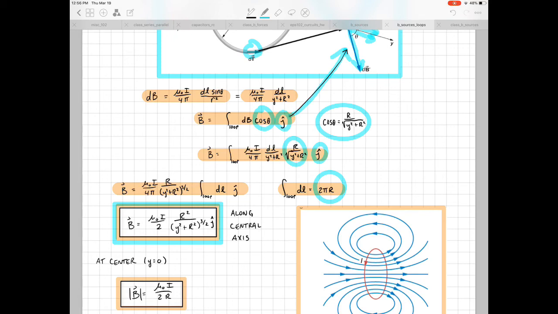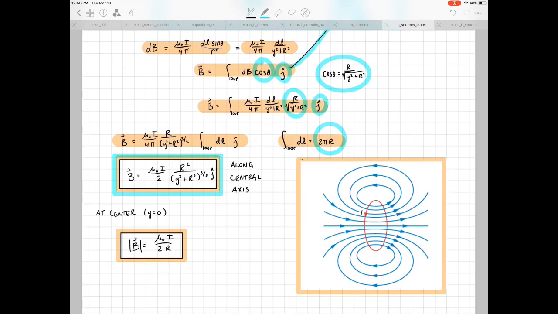Typically, something that's very useful is to ask, what's the strength of the magnetic field at the center of the loop? And that's when y would equal 0. If you set y equal to 0, you end up getting that the magnetic field strength at the center of a loop is mu naught I over 2R.